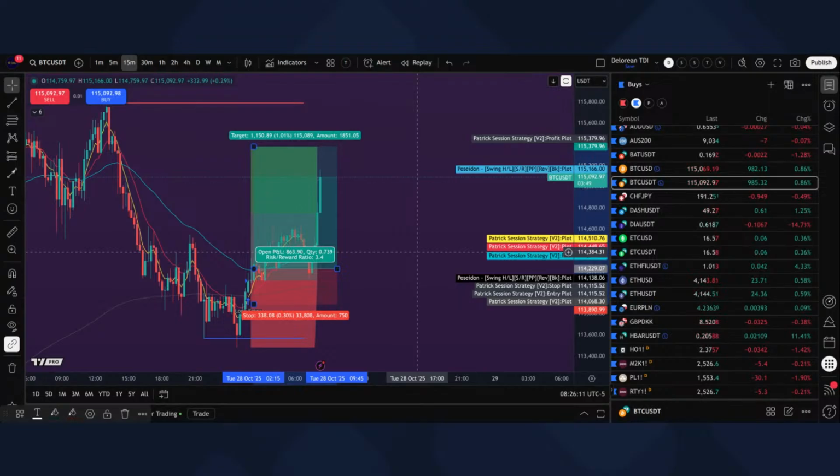Slightly more than that for Tether. So if you leverage correctly and you have both trades, you should make about $2,300.